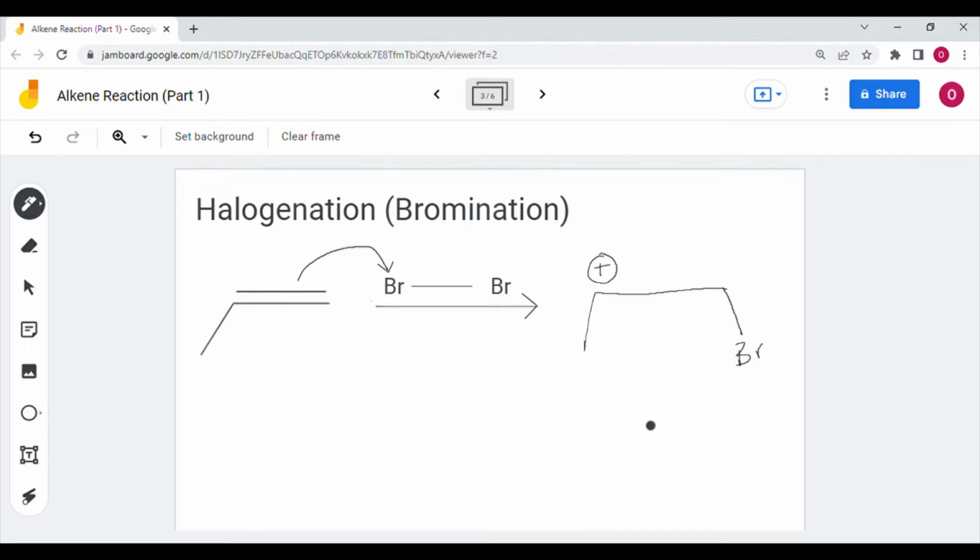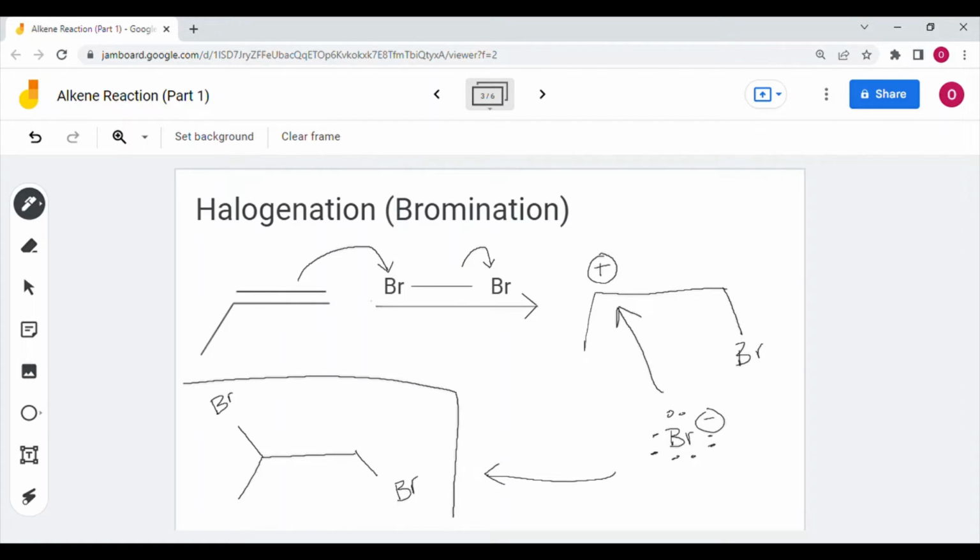So now the last and final step is for this free bromine, which is bromine minus, to attack this positive carbocation because this is electron rich now. So when that happens, we're now going to get a molecule that looks like this. And that is the mechanism for this reaction.